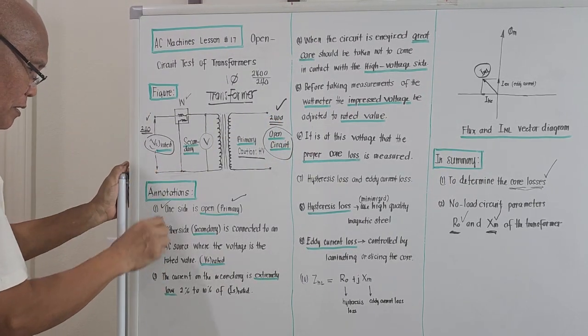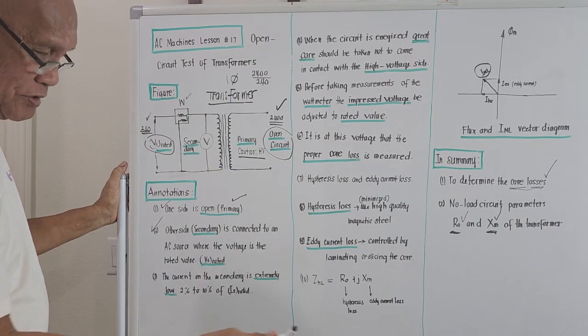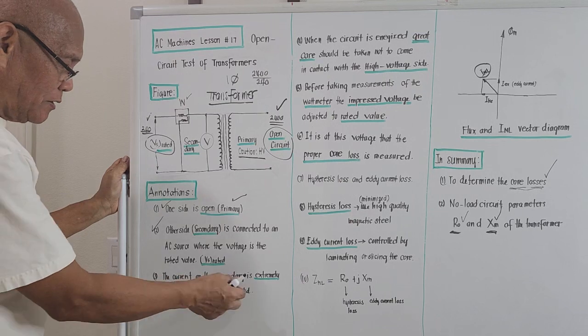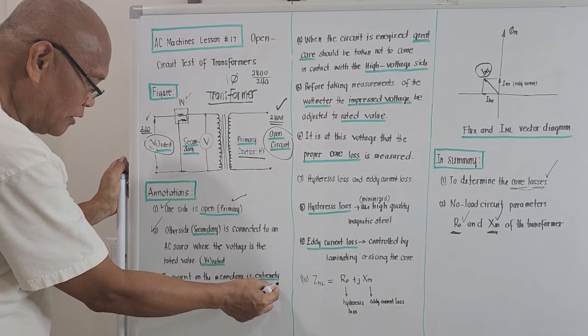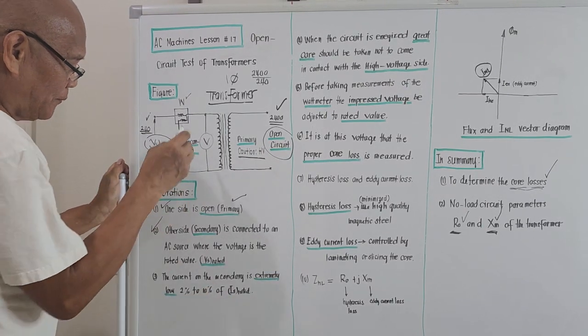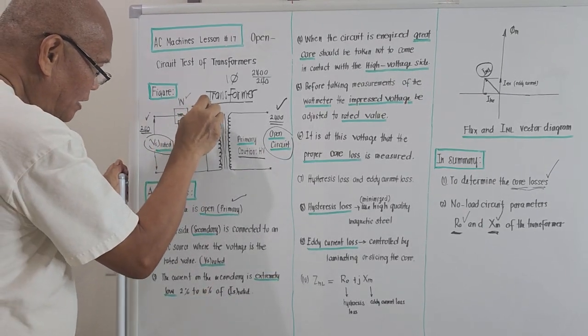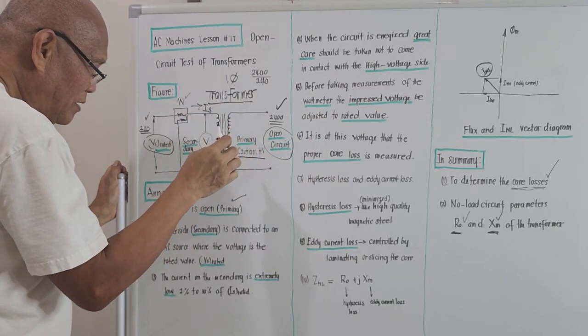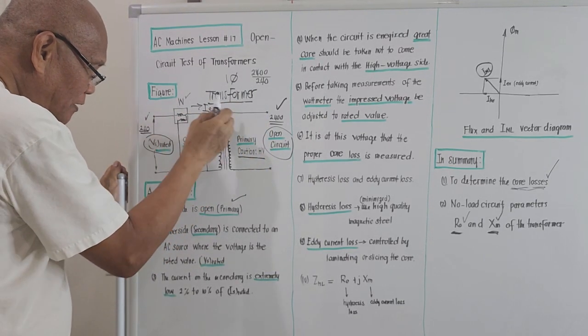That's number 2. What's number 3? Oh, this is just a side note. The current on the secondary is extremely low, 2 to 10% of IS rated. Meaning, for this no load test, what will come out for the current here is very low.